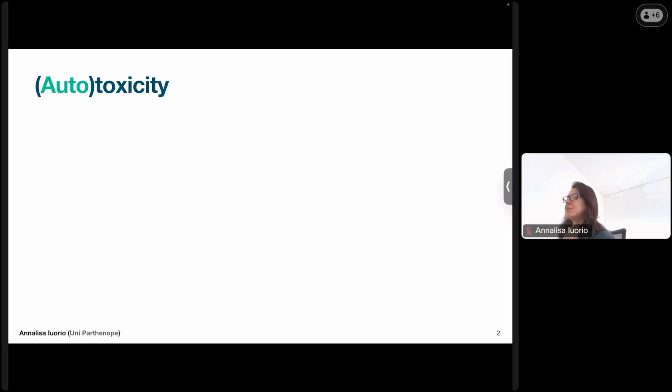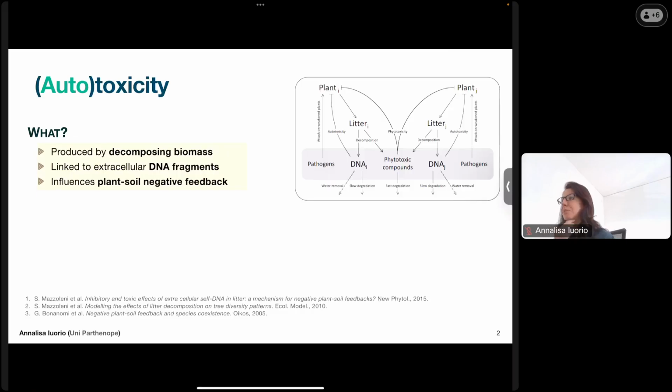Let me give you first an overview of what this biological factor called autotoxicity is. Basically, autotoxicity is a byproduct of decomposing biomass. When plants die, you have to imagine that they release some compounds in the soil, and these compounds are toxic for the species that produces them, but they can also have a beneficial effect on other species in the surroundings, depending on how close they are from the genetic viewpoint.